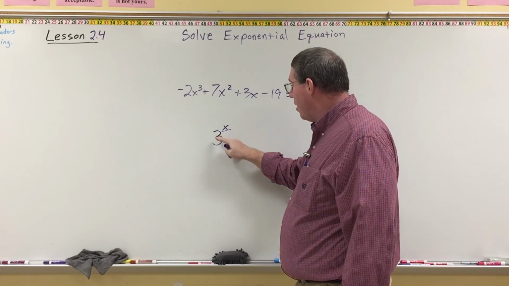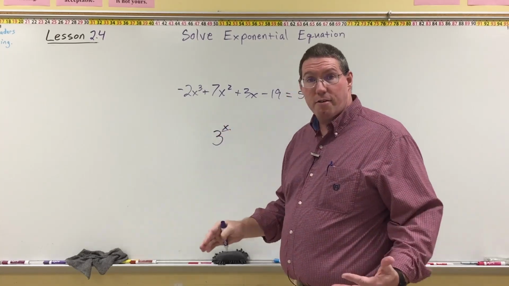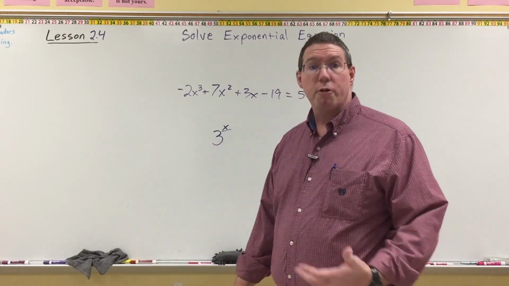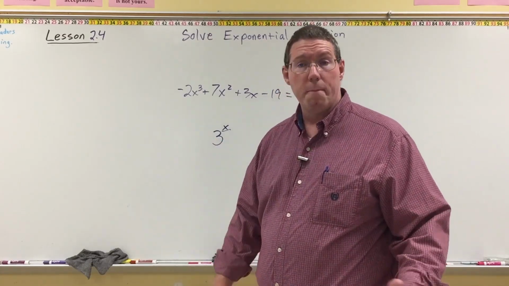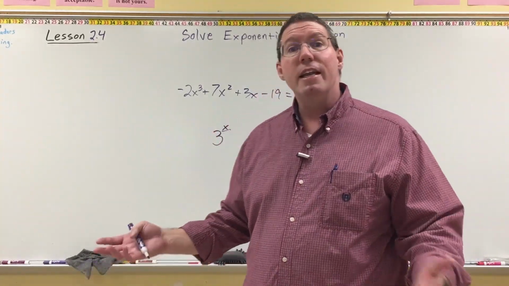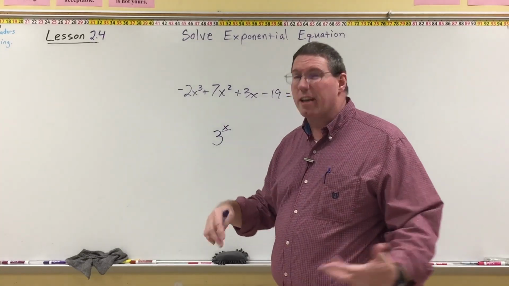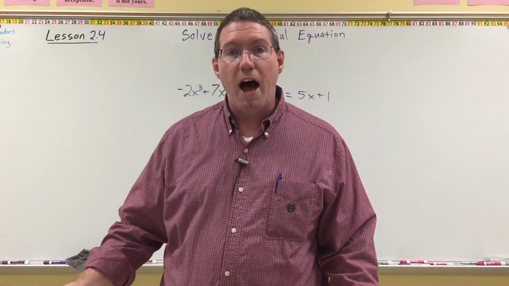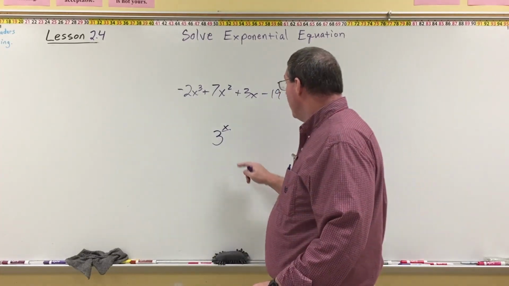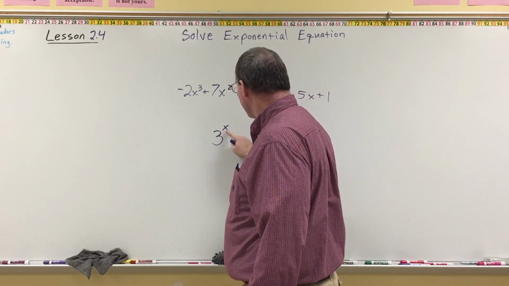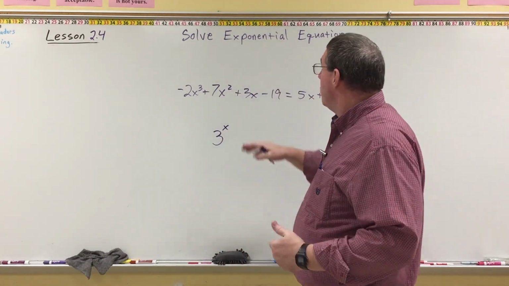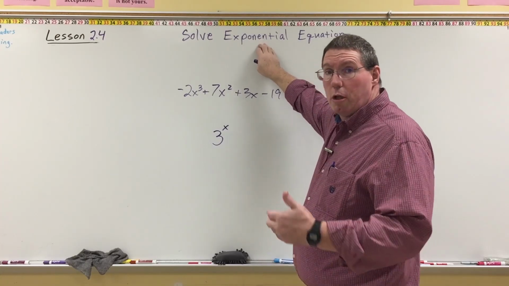So we have 3 to the power of x. Because x is variable, this could be 3 to the first power, 3 to the second power, 3 to the third, 3 to the 17th power, 3 to the 1 million power. It can even be 0, 3 to the 0 power. It can even be negatives, 3 to the negative 5 power, 3 to the negative 17 power, whatever, okay? So this having a variable in the exponent makes it what we call an exponential term.